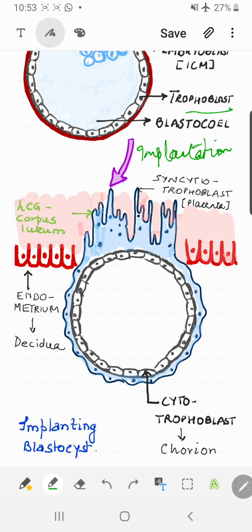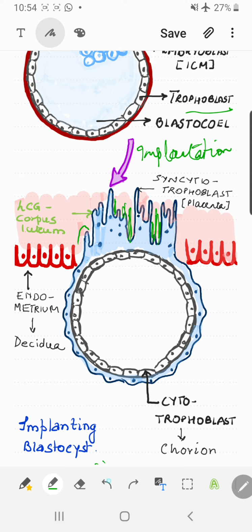You can see that when this outer trophoblast is forming the villi, there are structures in between which are endometrial structures. Let me make it very clear: these are endometrial structures, and if you see from the other side, these are also villi, which are from the maternal side.